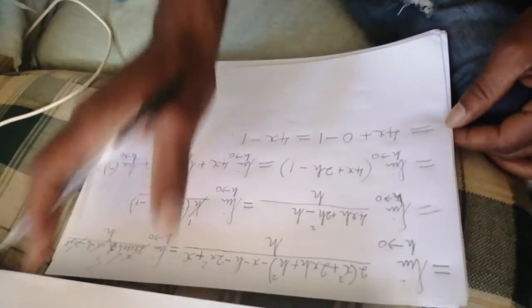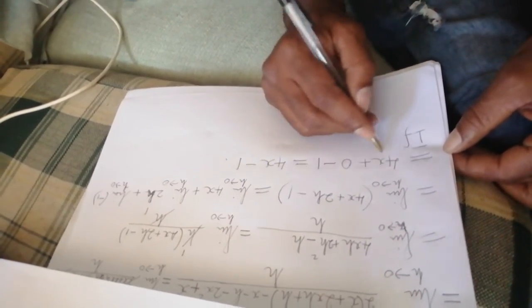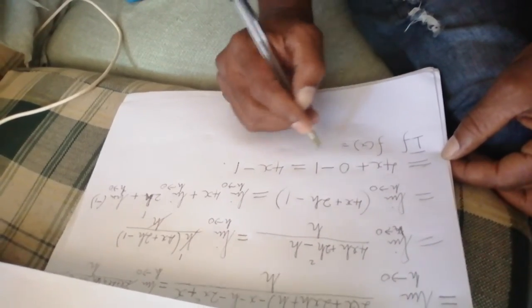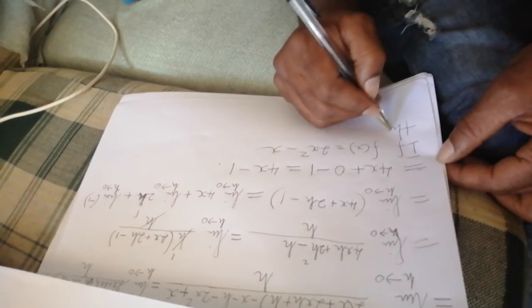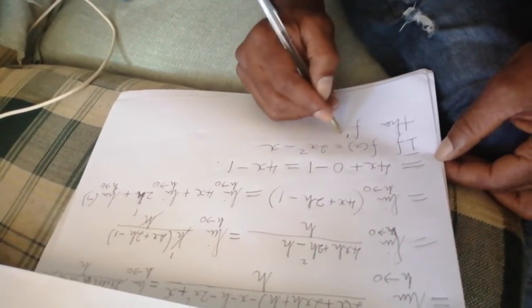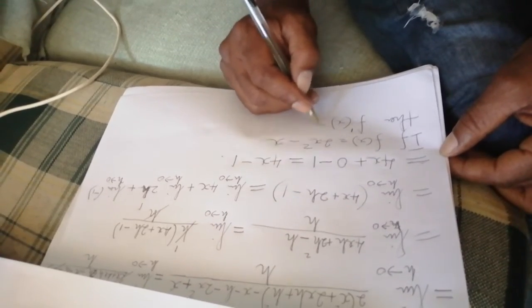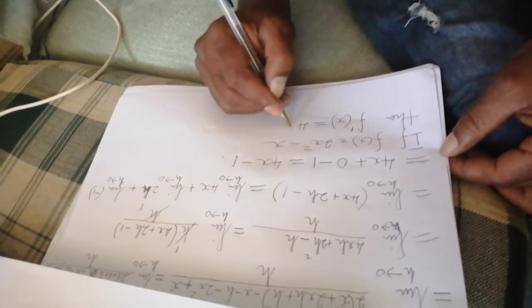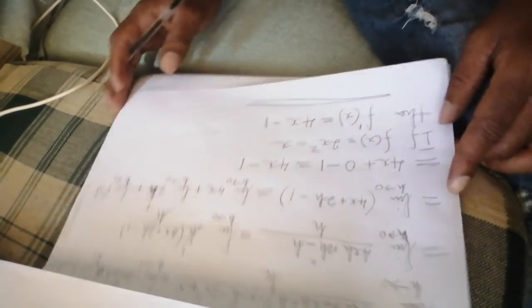Now what we get from here is that if f of x is equal to 2x squared minus x, then the derivative function f dash x or dy by dx is equal to 4x minus 1.